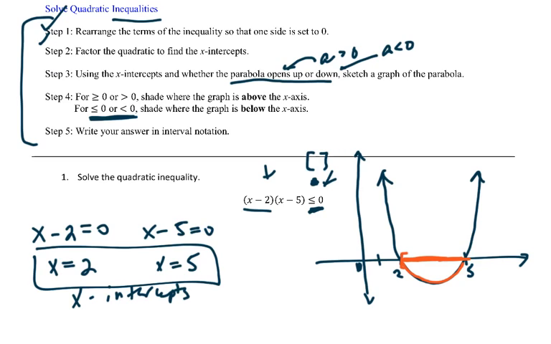And so our interval would be from 2 to 5. Oh, but it's inclusive, so we don't want parentheses, we want brackets. There we go. If you want, you can shade underneath just so you know what's going on.